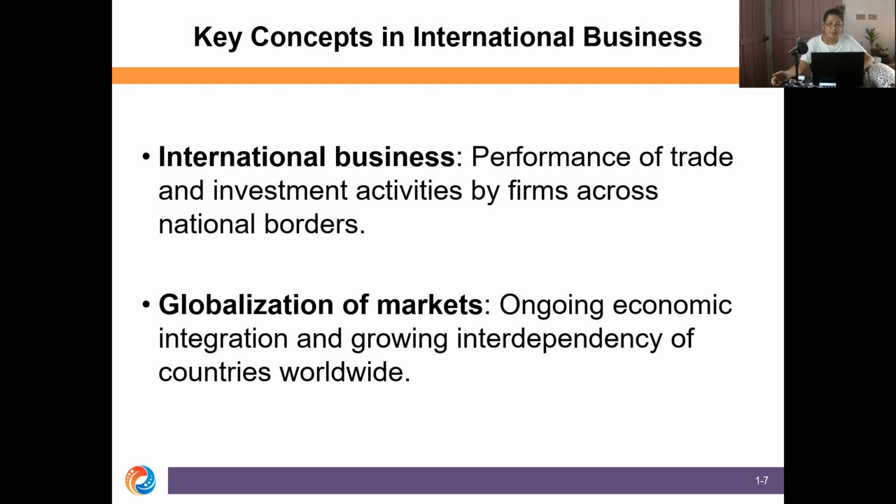When a firm globalizes its market, there is an ongoing economic integration and growing interdependencies of countries worldwide. Here is an example. Supposing Facebook was previously limited to the US, and its laborers were purely American.